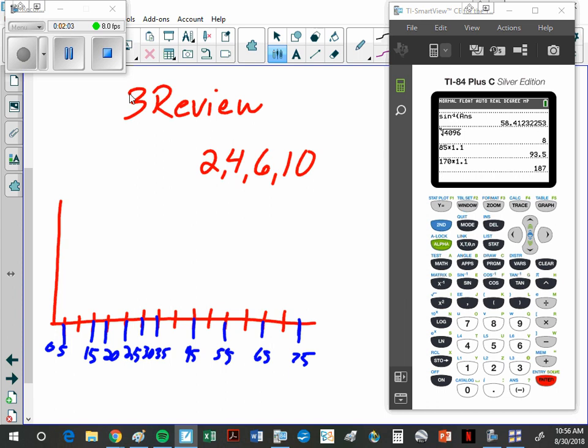Okay, and how tall is the box going to be? Well, we know that the area of the box is 14. Okay, but what's the width of that box? 10. So the height would be 14 divided by 10, which is 1.4.